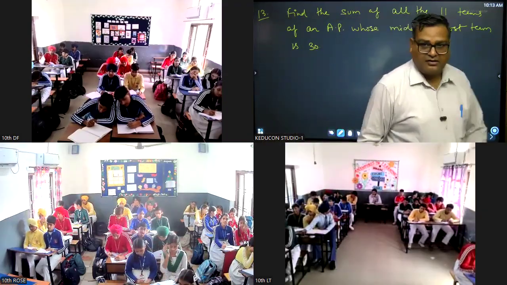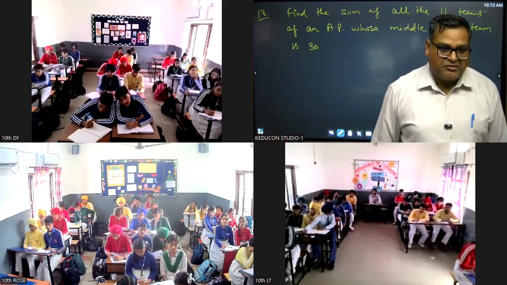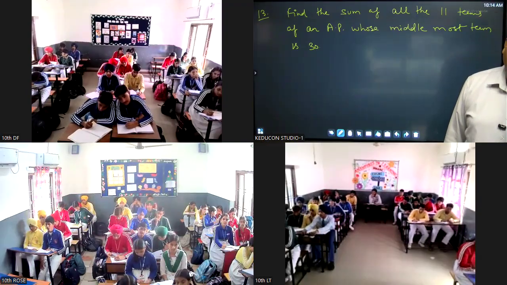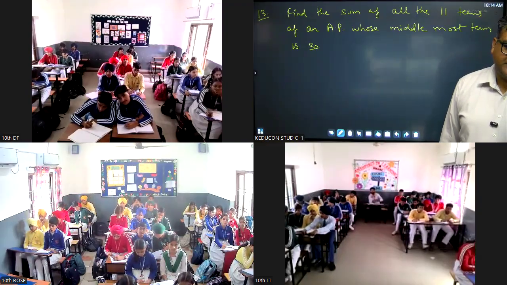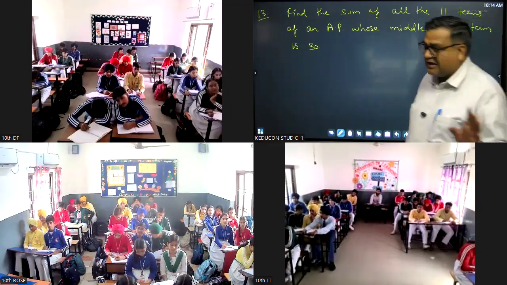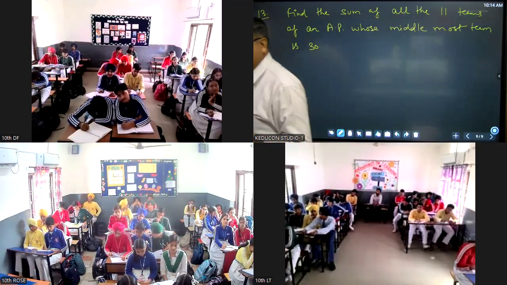Right, bachcho? You have to find the sum of the 11 terms of an AP whose middlemost term is 30. Can anybody tell me how to do this question?